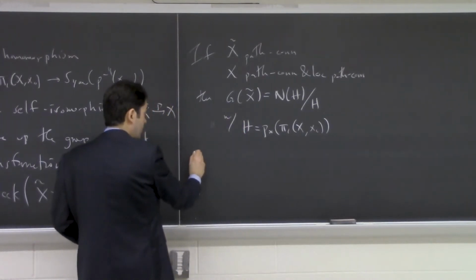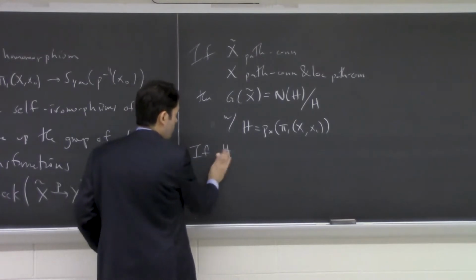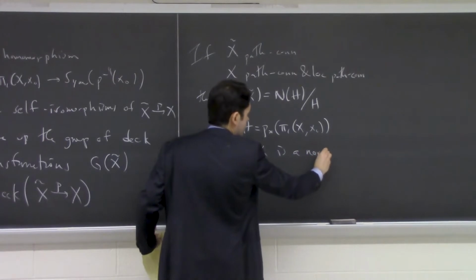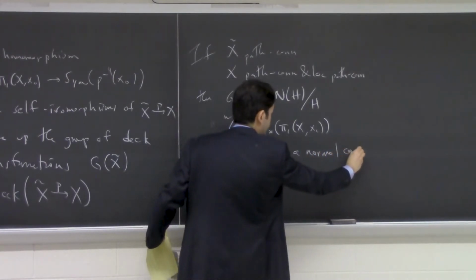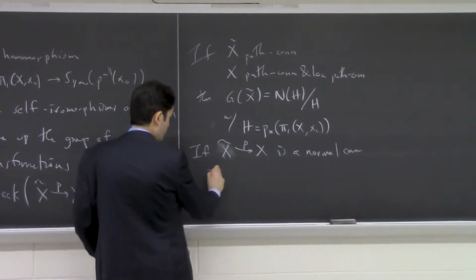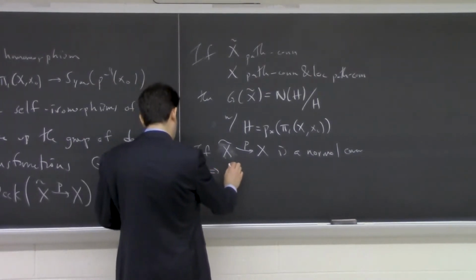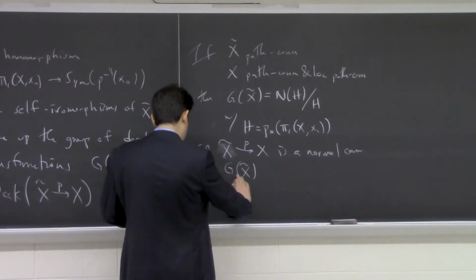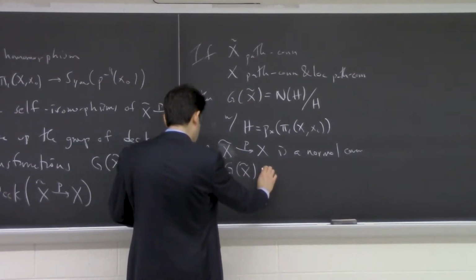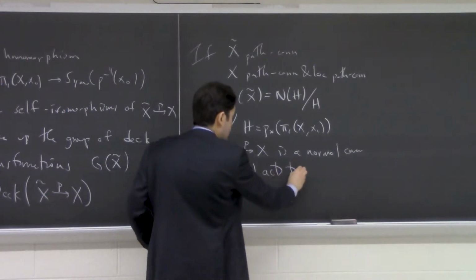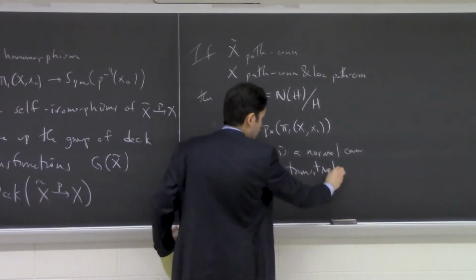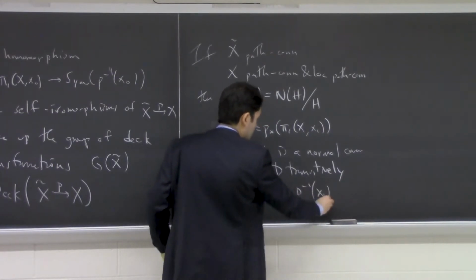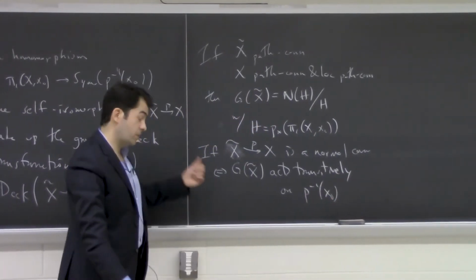So this is particularly nice if H is normal, so if x tilde to x is a normal cover, right, which we defined as saying that the action is transitive. Right, so we defined it in this geometric way.